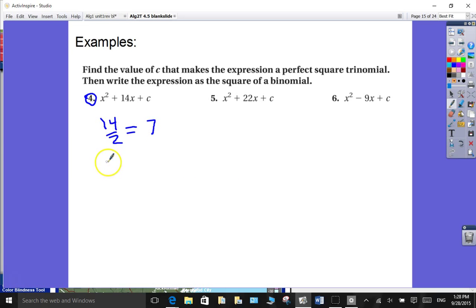Okay, step 2. 7 squared equals 49. So that's what goes there. X squared plus 14x plus 49. And at that point, you recognize the perfect square, right? The factors of 49 that add up to 14, 7 and 7.